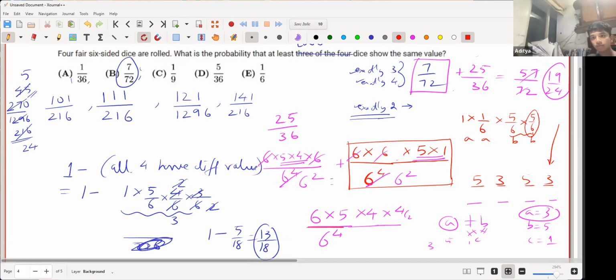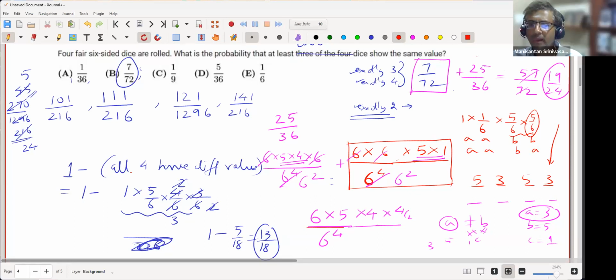Because it can be any of the 5 numbers, right? Any of the 5 numbers, as in except A, you mean? Yeah, except A. So for the AABB case, instead of doing a separate step for them, I just integrated that into this one. So when you do 5 upon 6, you can get both those cases.